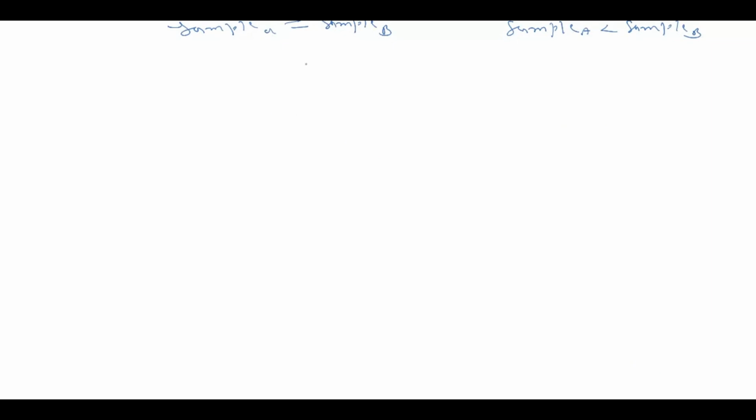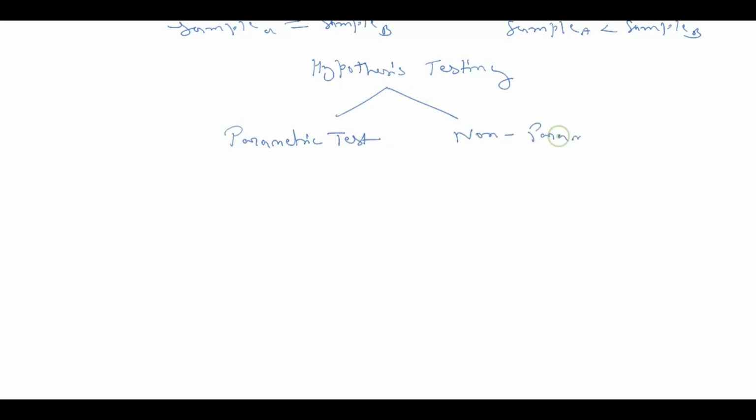So basically, the hypothesis can be tested using hypothesis testing, and further hypothesis testing can be divided into two subgroups. We have parametric test and non-parametric test. So let us see in which situations we should apply the parametric test or non-parametric test.